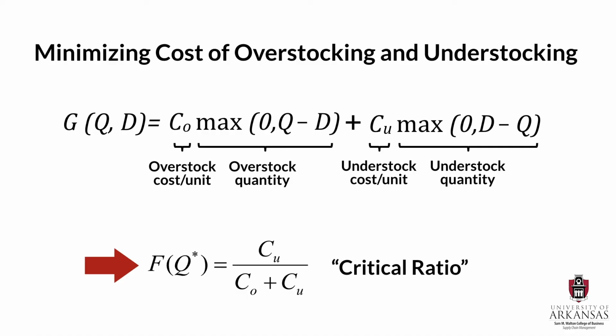In this case, the critical ratio will be greater than 50%, which makes sense since we'd rather avoid understocks if they're costlier compared to overstocks. And what if understock and overstock costs are the same? Well, then we're indifferent whether we overstock or understock, and we simply opt for an in-stock probability of 50%.